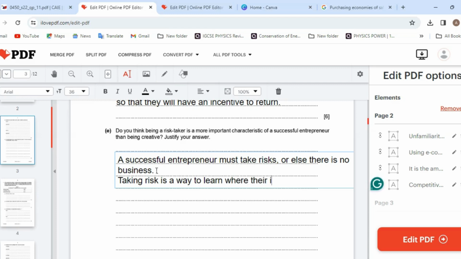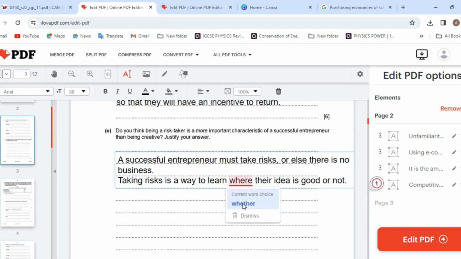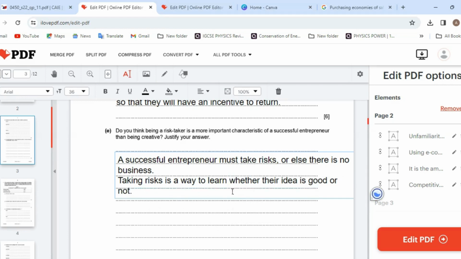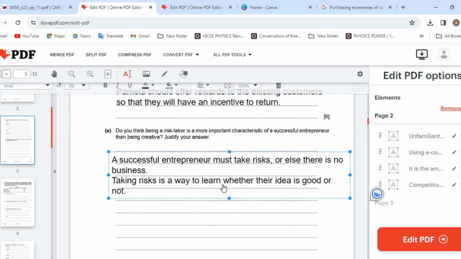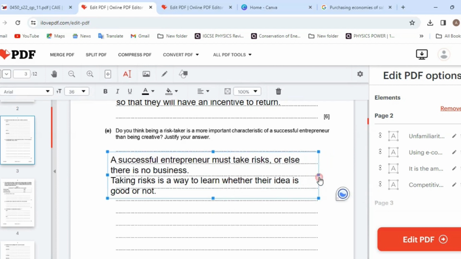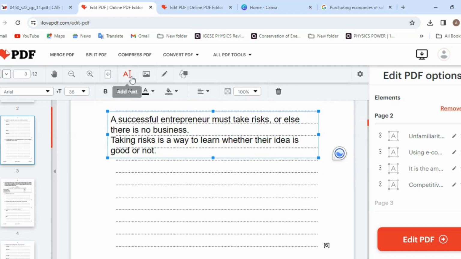In that way, they are actually learning, and also taking risk involves investing their money that may bring high reward if the business did not fail. Now let's see for creativity also. Then we now justify our answer based on the two.